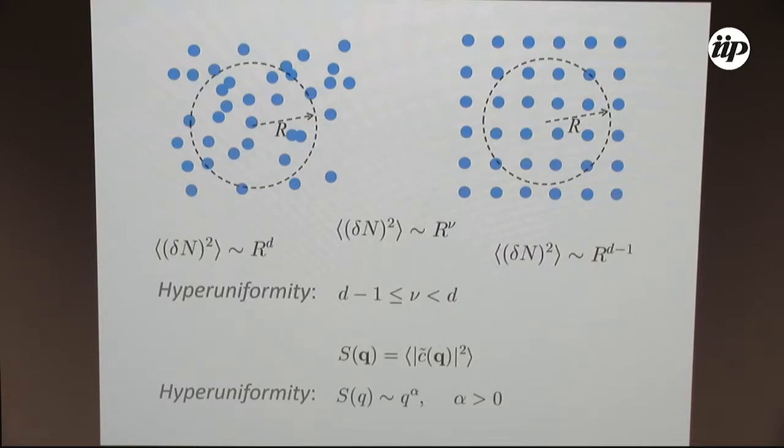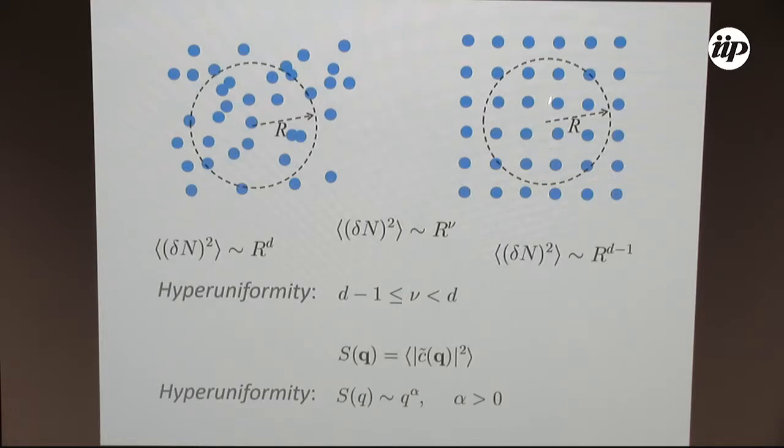If this is a fluid, then the central limit theorem tells us that this fluctuation or this variance in the particle number is going to be extensive. So it's going to be the radius of this window to the power of the dimensionality, r to the power of d. So this is one extreme, and the other extreme, suppose these particles are arranged in a perfect array, in a crystal.